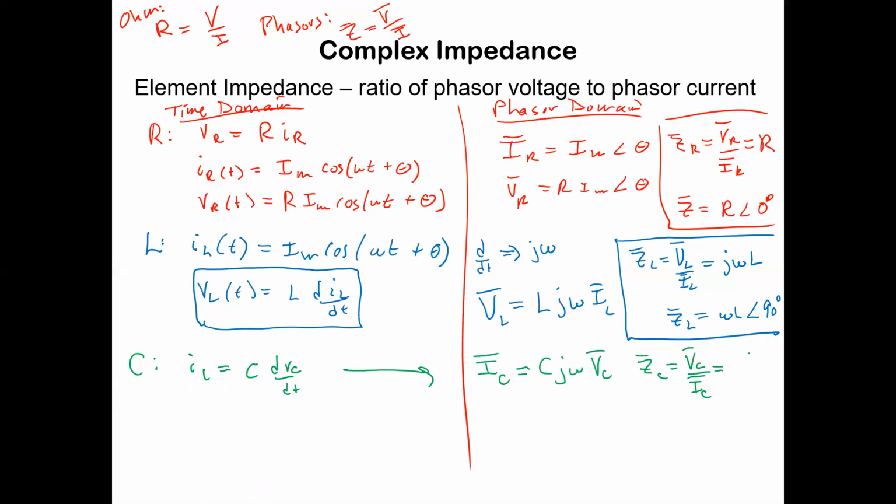So that's going to equal 1 over j omega C, which also equals, if you like the j on top, minus j over omega C. And ZC in polar form is just 1 over omega C with an angle of minus 90 degrees.